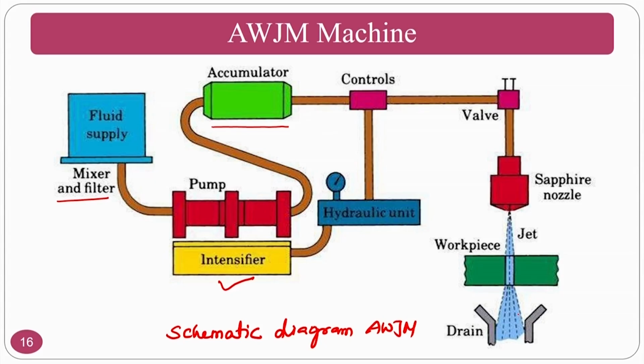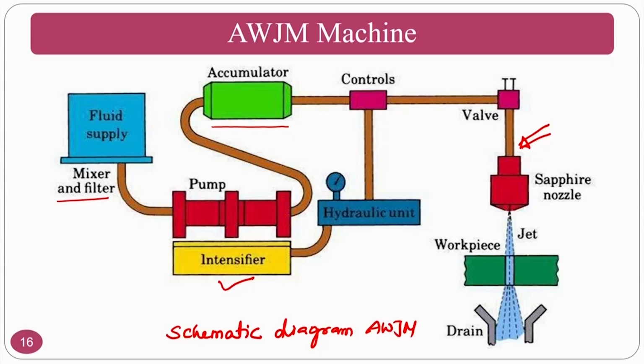Suppose I want to add abrasive particles, you can add the abrasive particles before the nozzle using the abrasive feeding system. So, this schematic diagram explains the water jet machining. However, if you add the abrasive particles, it will convert into abrasive water jet machining.